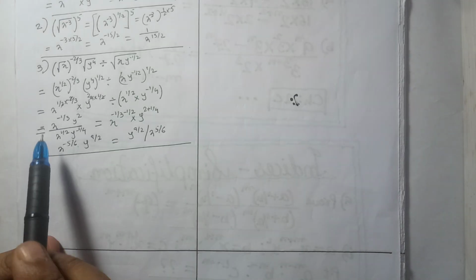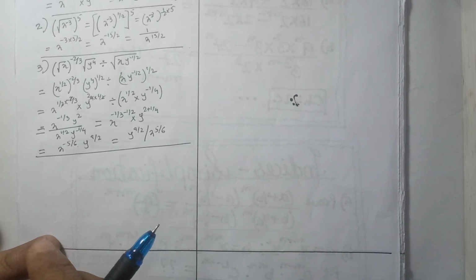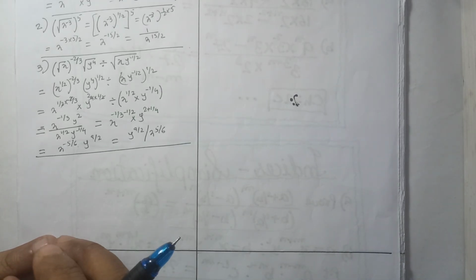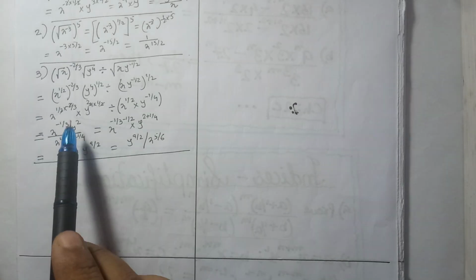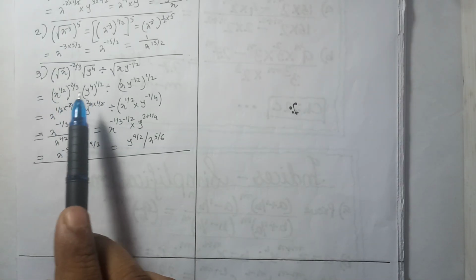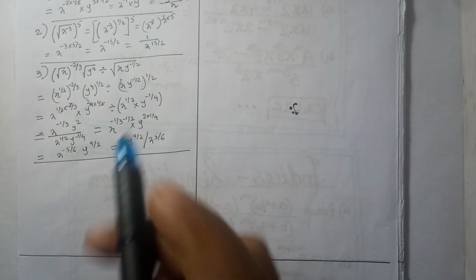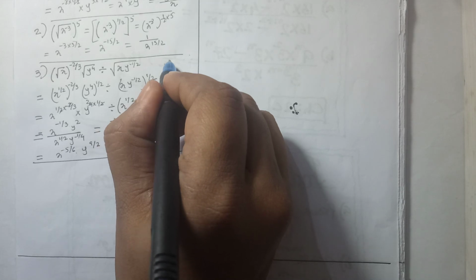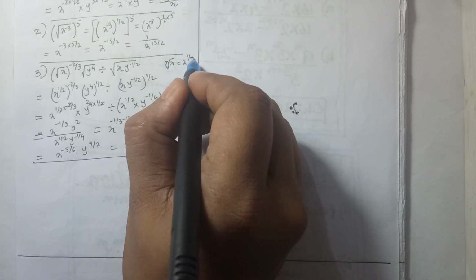So go through this problem once again before I move to the next one. Try to see whether you have understood or not. These are all the laws that I am applying every time in every step. Nth root of x, what is the property? Nth root of x is x to the power of 1 by n.